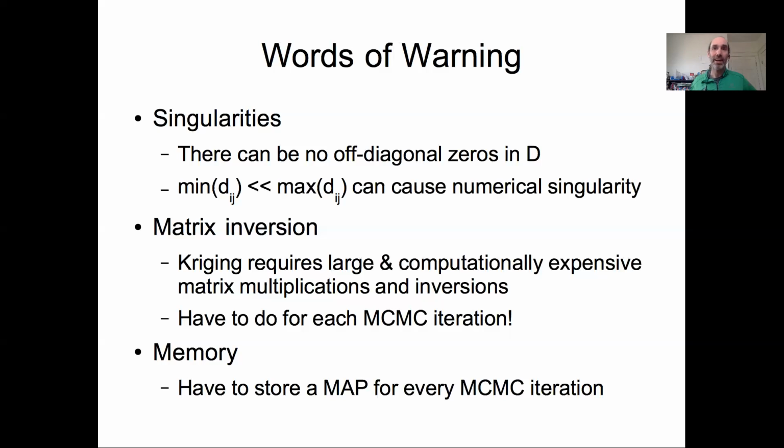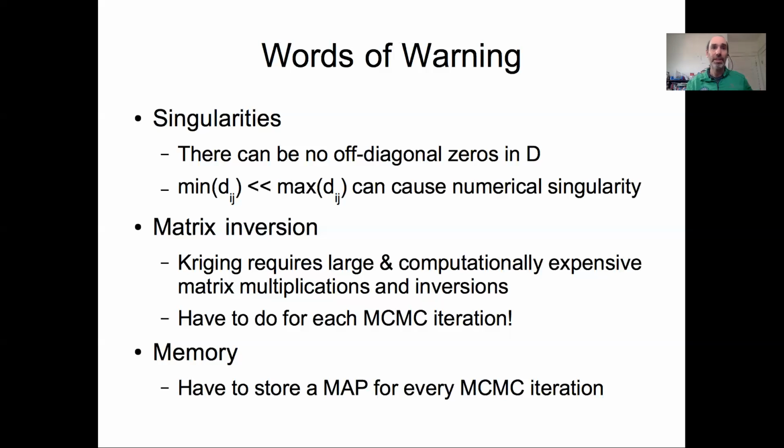If I make it 10 times bigger, the computational cost goes up 10 to the 3rd or 1,000. So matrix inversion costs a lot more when you have a large spatial matrix, or any large covariance matrix.